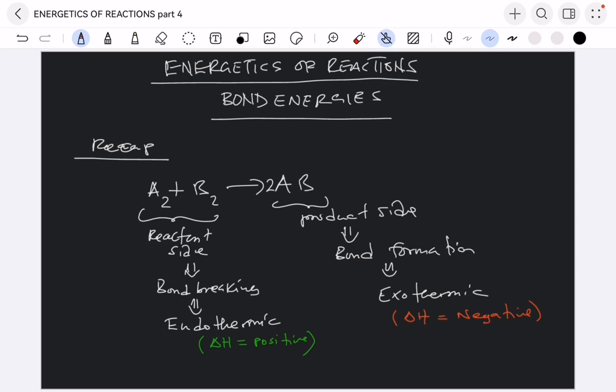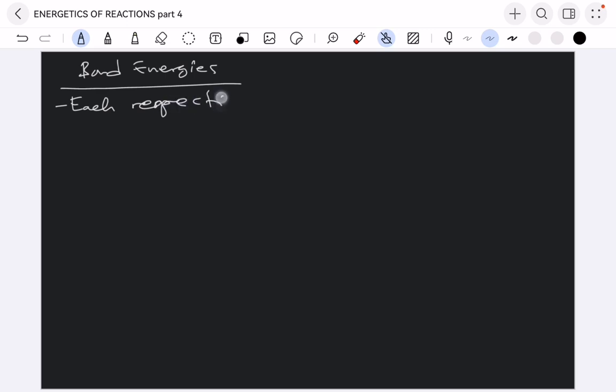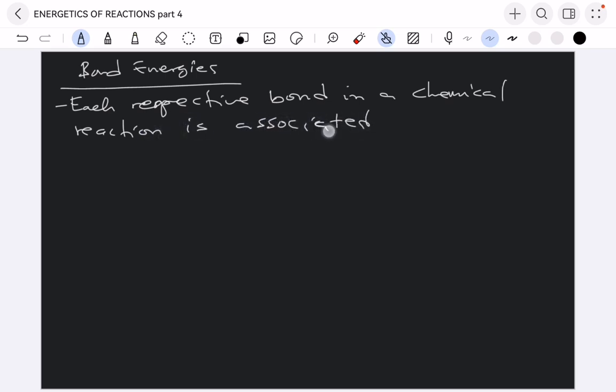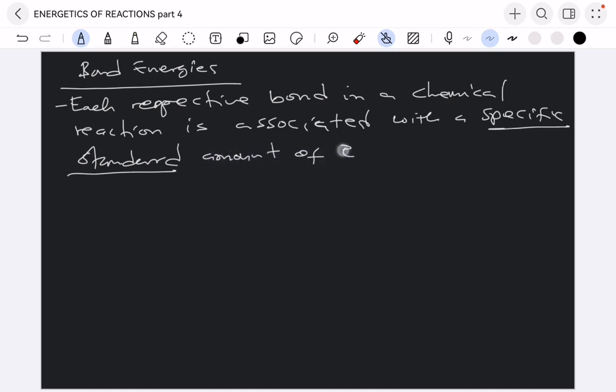Now, talking about bond energies, this tells us that each respective bond in a chemical reaction is associated with a specific standard amount of energy.